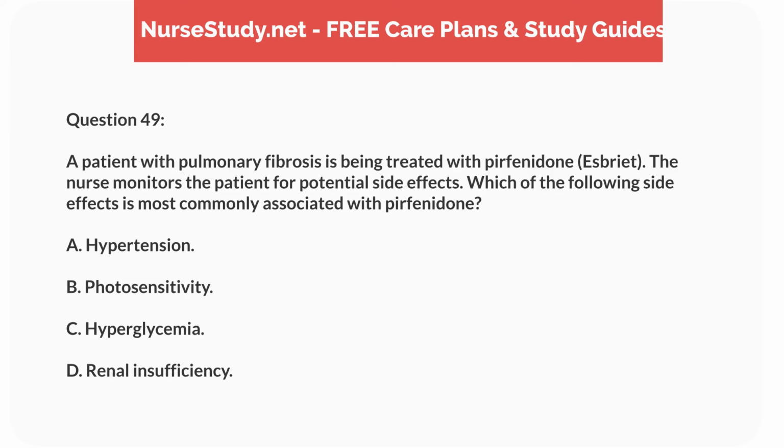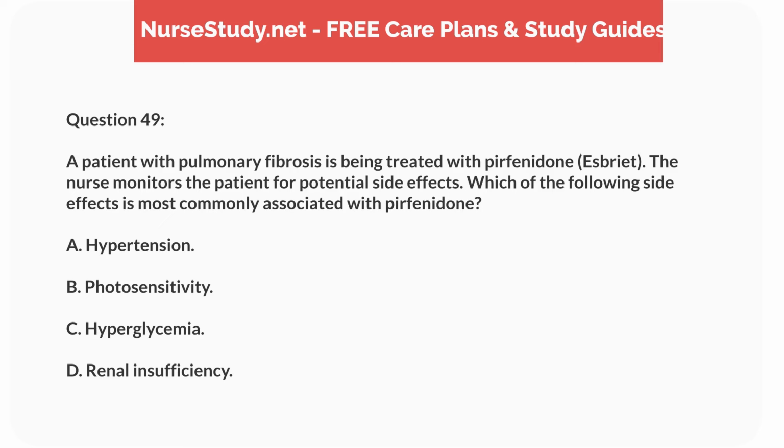Question 49. A patient with pulmonary fibrosis is being treated with pirfenidone, Esbriet. The nurse monitors the patient for potential side effects. Which of the following side effects is most commonly associated with pirfenidone? A. Hypertension. B. Photosensitivity. C. Hyperglycemia.